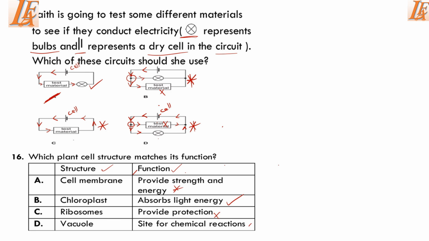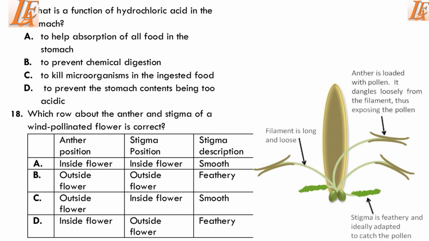This one is wrong because the function of vacuole is storage and maintaining cell structure. So in this case, the correct answer is B, a chloroplast, which is used to absorb light energy used in photosynthesis.